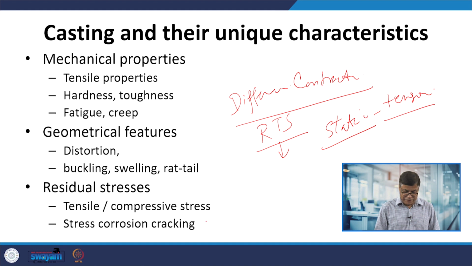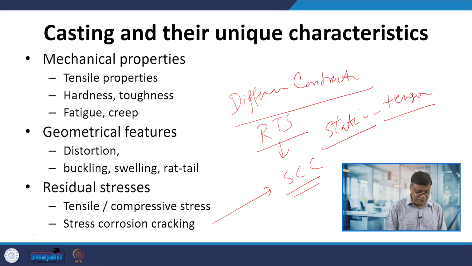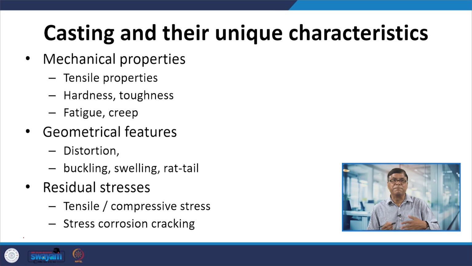And similarly, it also promotes stress corrosion cracking. If the component castings are exposed to a corrosive environment in the presence of residual tensile stresses, then this promotes the SCC. Okay. So, these are the unique features related to casting, which make it different from the products made by other manufacturing processes.